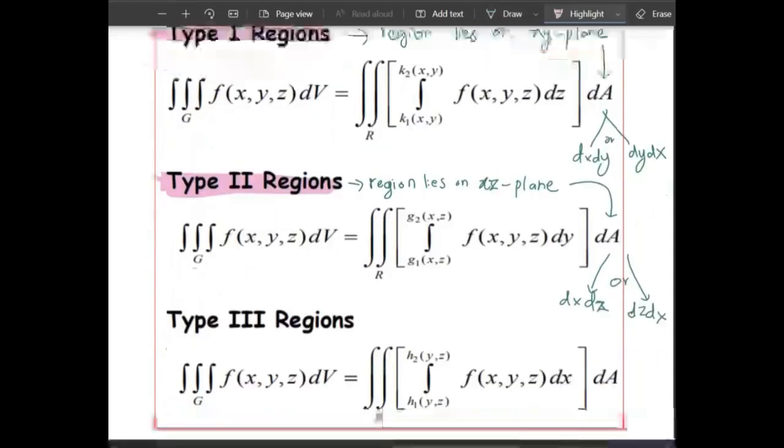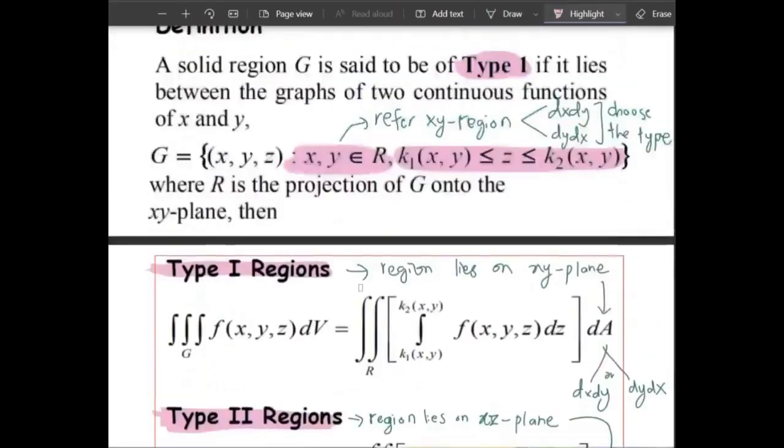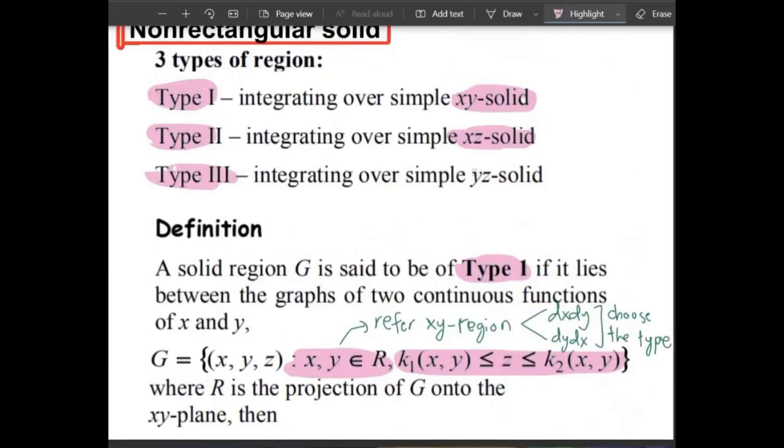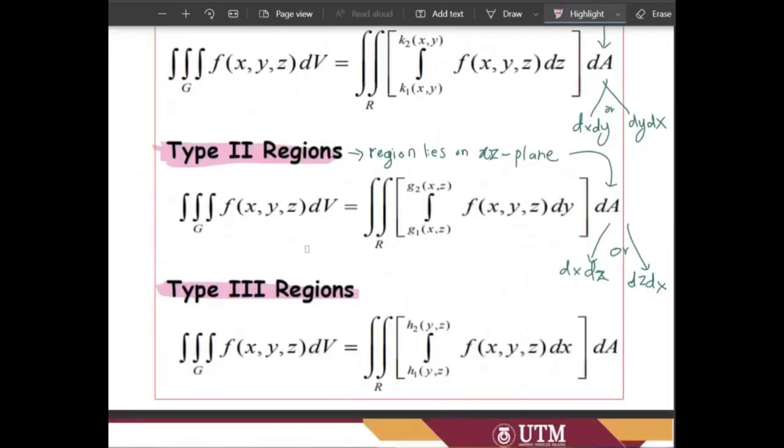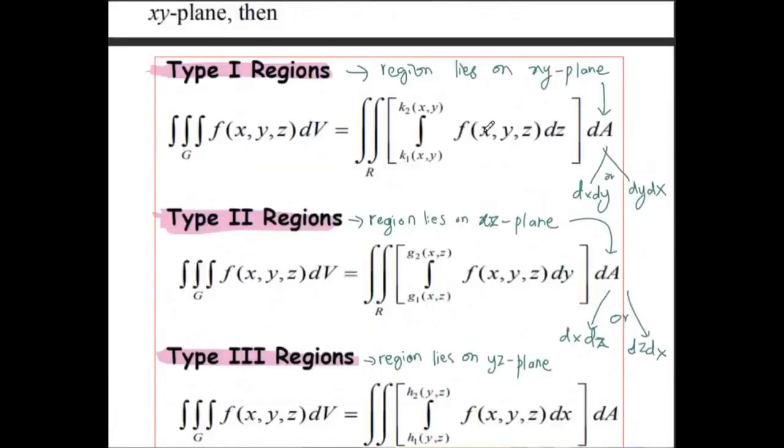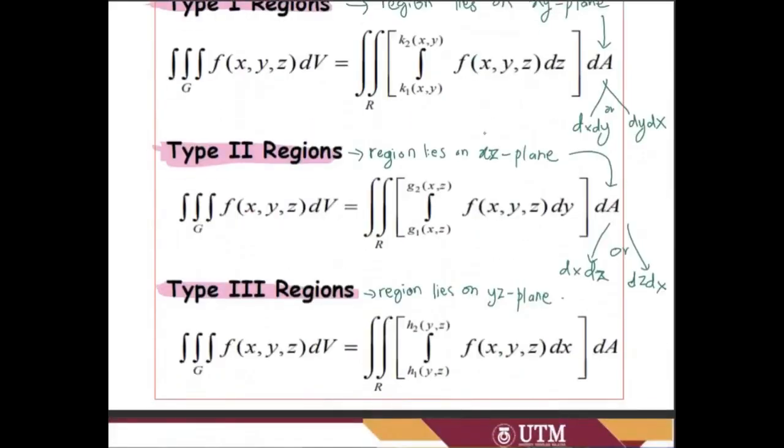And then type 3, integrating over the yz plane, so the region lies on the yz plane. We have dA here, and dA can be dy dz or dz dy.